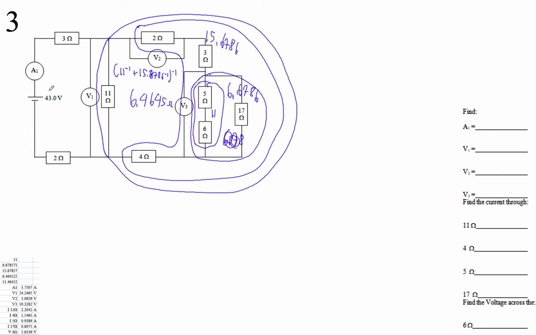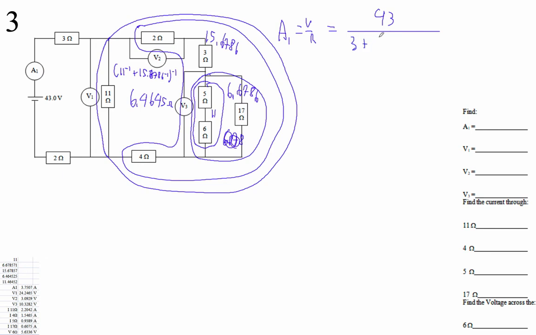43 volts pushes in a series circuit current through a 3, a 6.4645, and a 2, right? So now I can figure out A1. A1 is just V over R, and that is 43 divided by a 3, right?